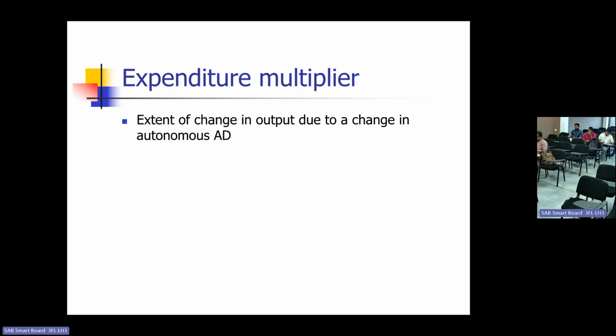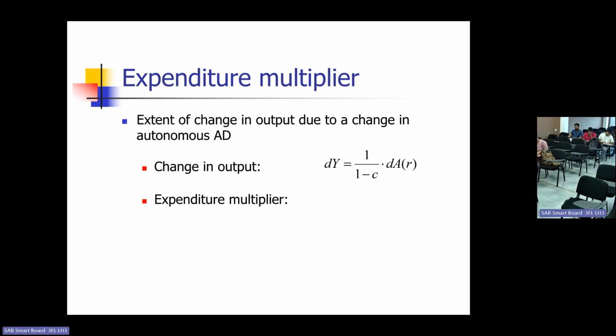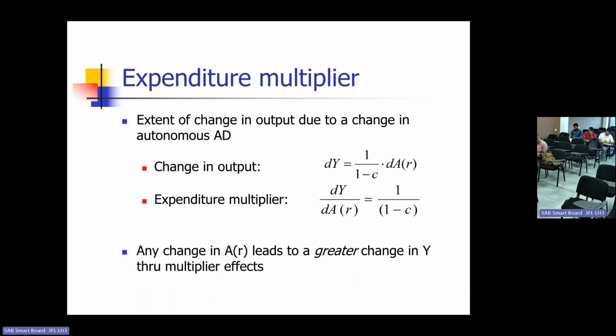That is in a simple economy we assume. So that is the expenditure multiplier. Commonly we take the expenditure multiplier with respect to a change in the autonomous expenditure, that is C and I. That is called the autonomous expenditure multiplier.